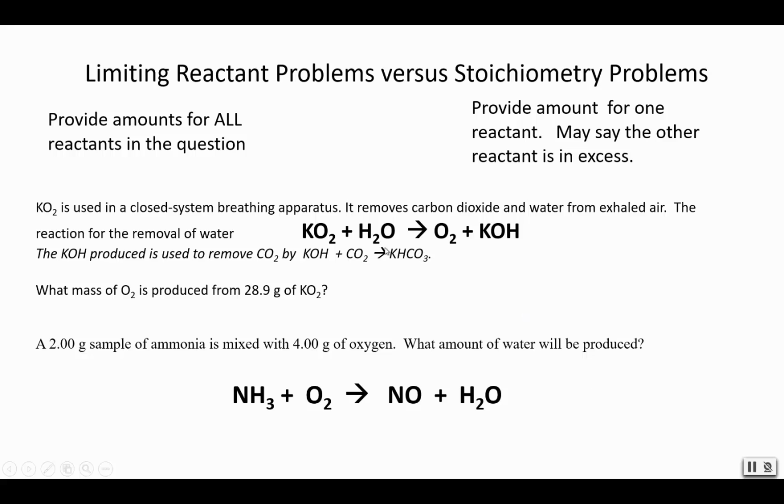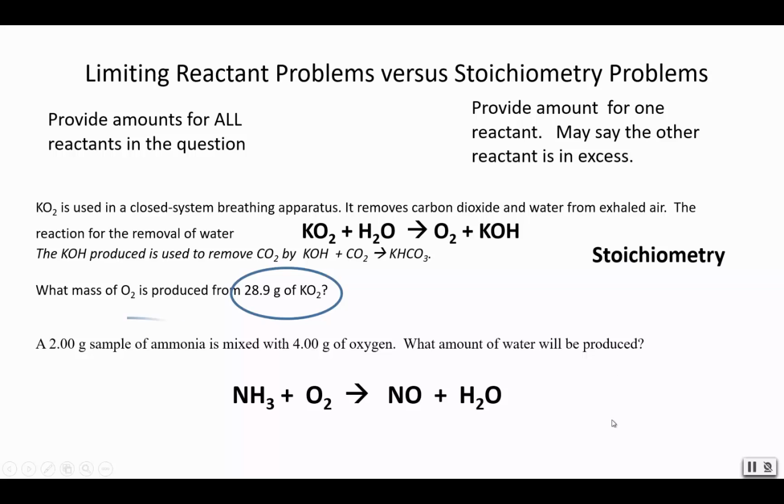The reaction for the removal of water is KO2 plus H2O yields oxygen plus potassium hydroxide. But it says, what mass of oxygen is produced if you start with 28.9 grams of KO2? Well, all I've been given is one of the reactants. I didn't get any information about water, so that's a stoichiometry problem.